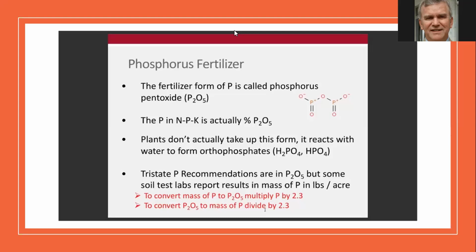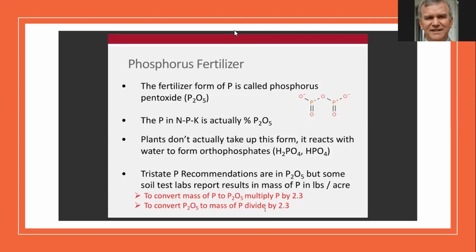But this is the tricky part. Plants don't actually take up this form, meaning P2O5. On the other hand, what really happens is P2O5 reacts with water. This is a reaction that may occur in the soil, for example, because most soils, ideally, are typically about 25% water.